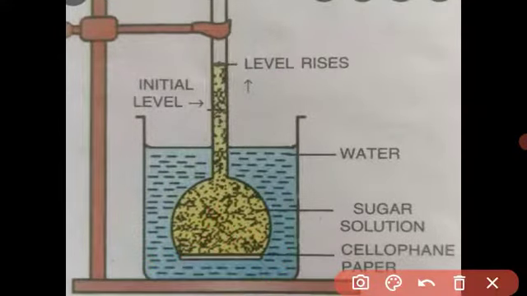What happened, beta, when we did this experiment? There is water and there is a sugar solution. In the thistle funnel the water concentration is lower compared to the beaker. So by the process of osmosis, water moves from higher concentration to lower concentration. So the thistle funnel level rises up. But when we taste the beaker water, it does not taste sweet. It is concluded that there is no movement of sugar from the thistle funnel to the beaker.